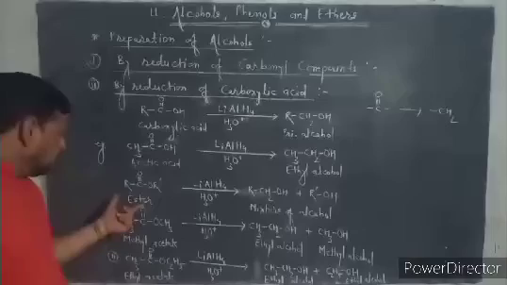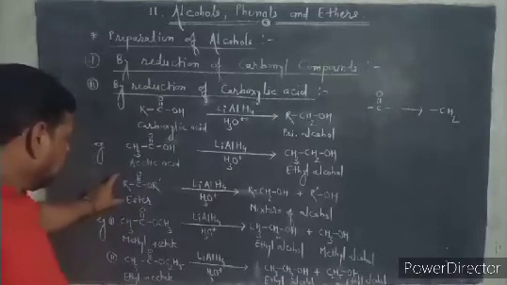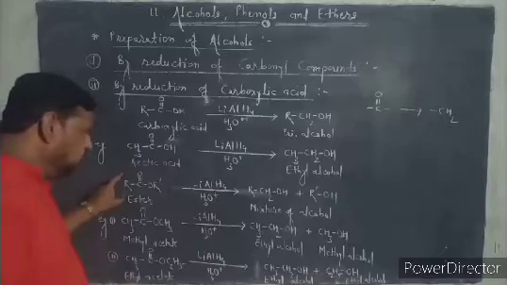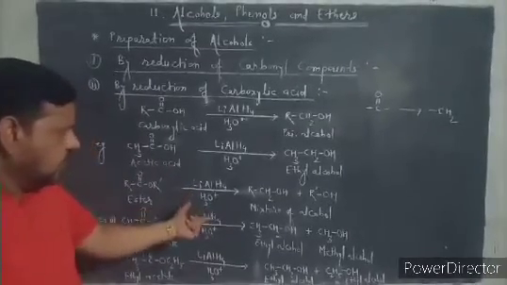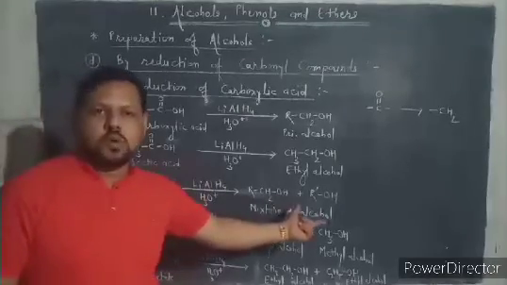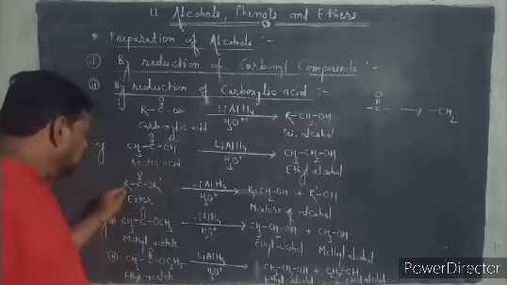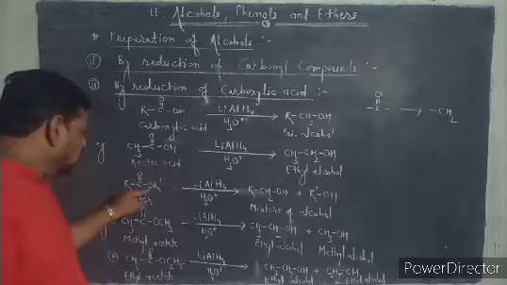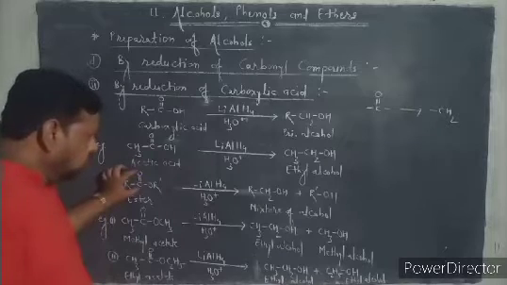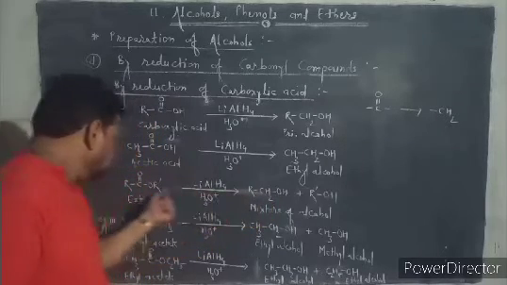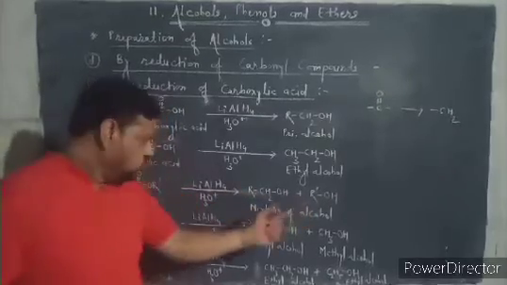Then ester is also a carbonyl compound, and this carbonyl compound ester on reduction with lithium aluminium hydride and hydronium ion gives a mixture of alcohols. See here, this RC double bond O gives RCH2OH, and this OR gives the ROH.